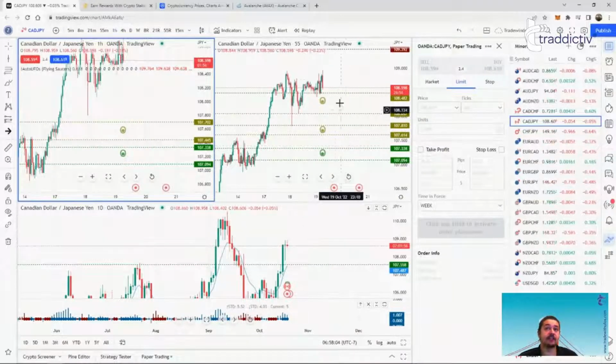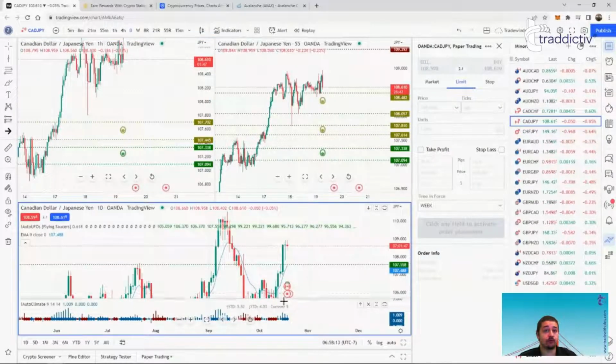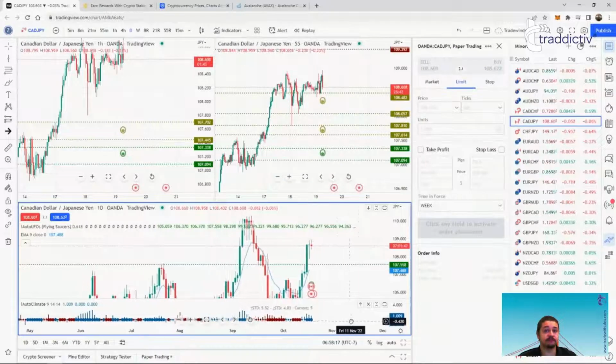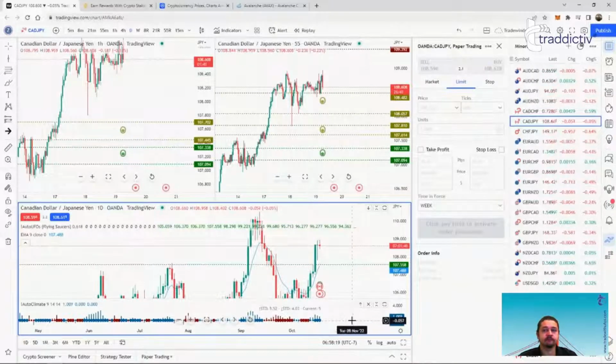The fact is, though, that it has to travel down from 108.6 to 107.4. Will it do that with enough time for us in the climate? That's always the balancing act that we need to do.